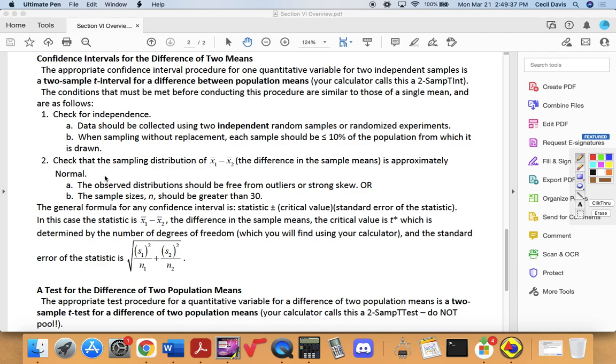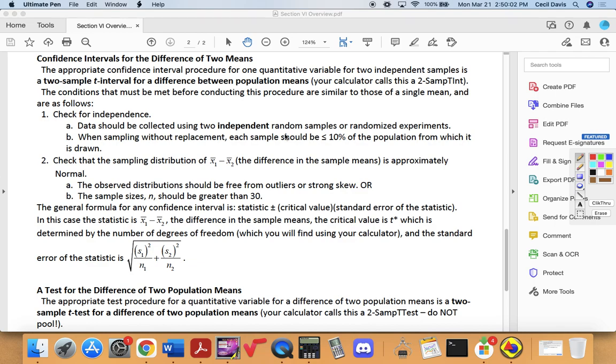Now, if you've got the difference of two means, where you've got two samples, it's just a two-sample t-interval. The conditions are basically the same, except that it has to be two independent random samples or randomized experiments. So these two samples need to be independent of one another.